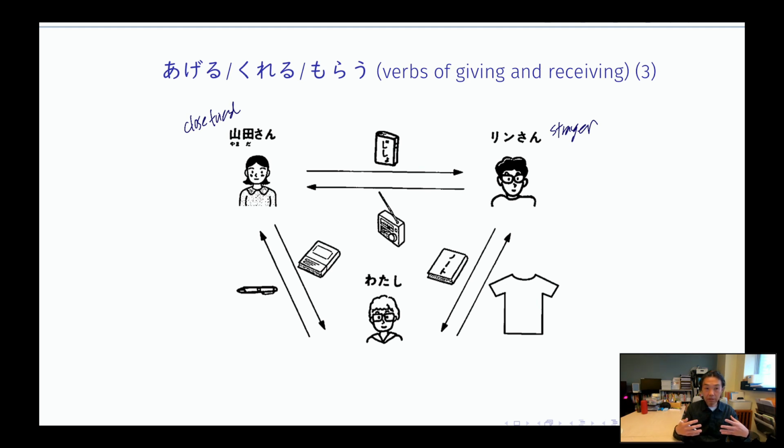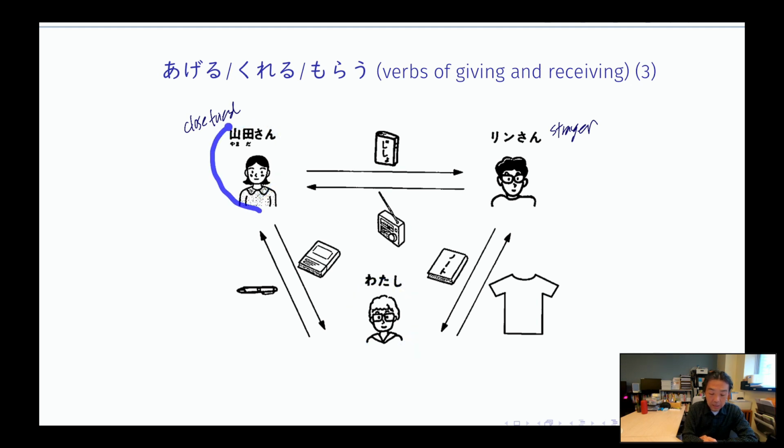So あげる is outward. It's coming from your side to outside. Okay? So let's think about this transaction. It's coming from Yamada-san to 私.